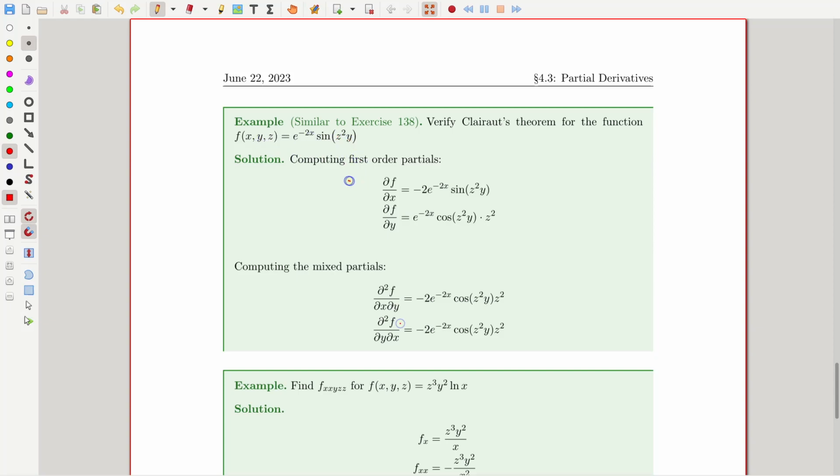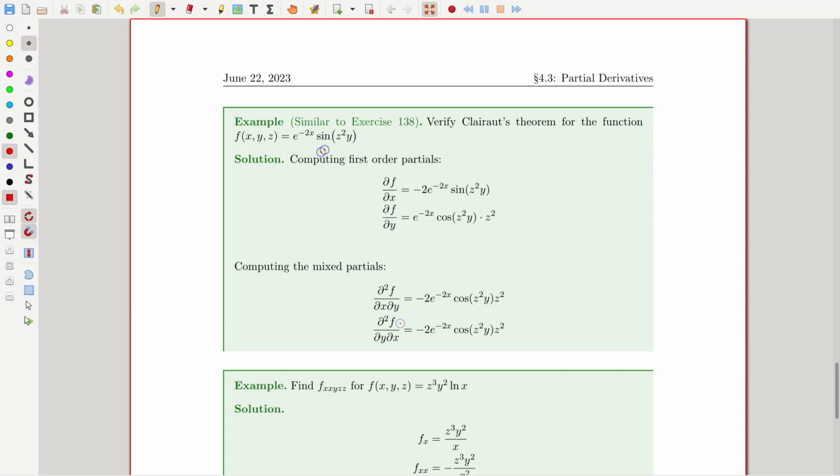It would not be clear initially that, yeah, in this problem, there are actually going to be like 6 mixed partials because there's 3 variables. Oh well, ignore that. So yeah, so just pretend the problem is just to verify that these two are equal.